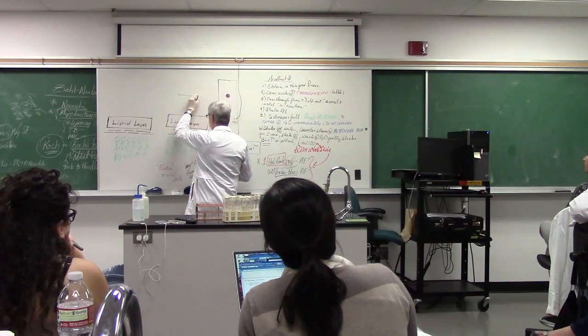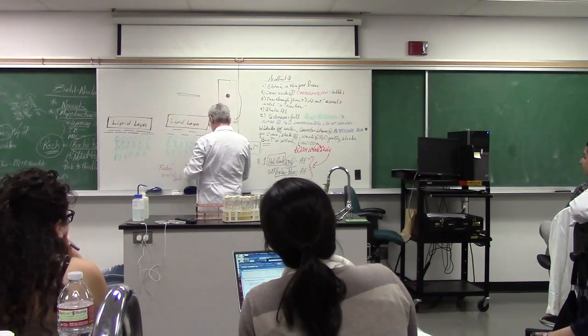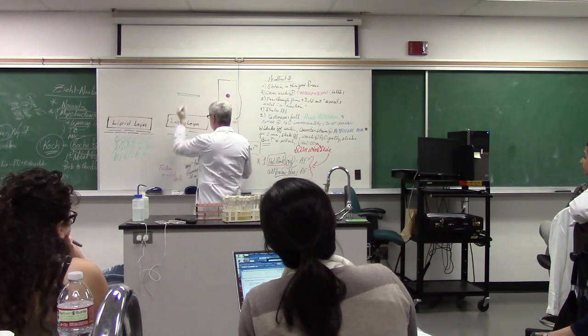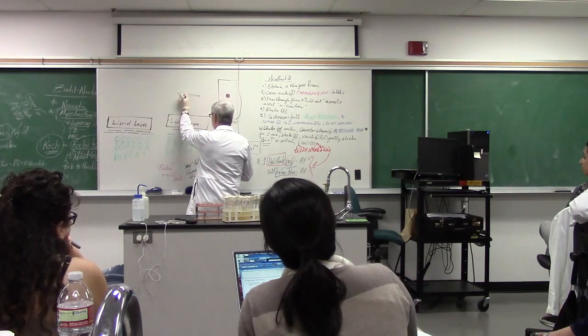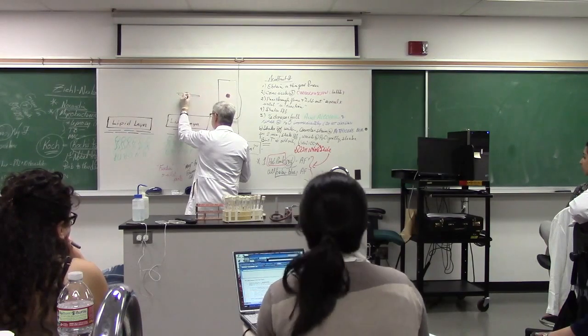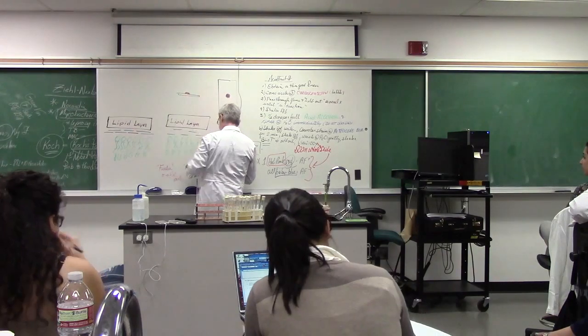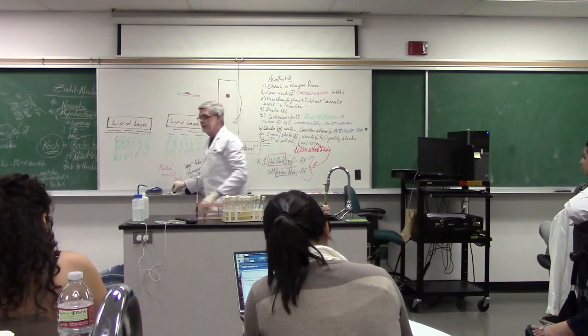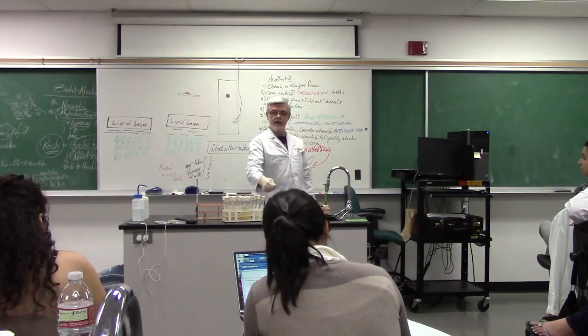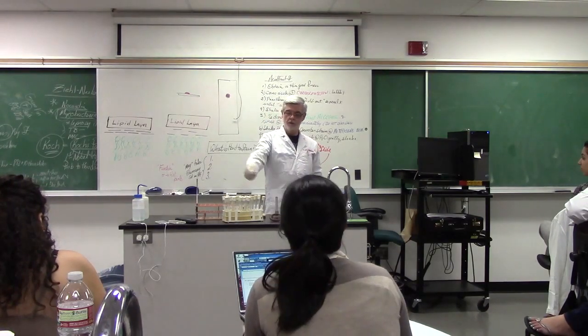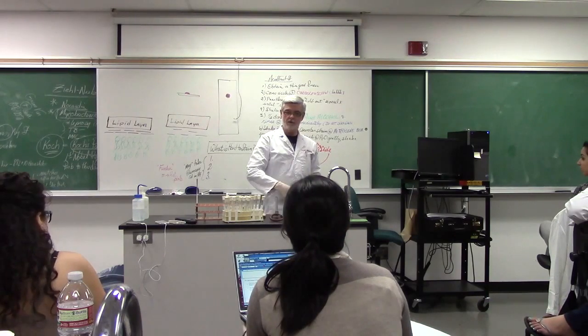Here's your slide, and you want this to make sort of a church dome bubble. You want that carbol fuchsin to be like a bubble here. And you're going to pass it through the flame and out.